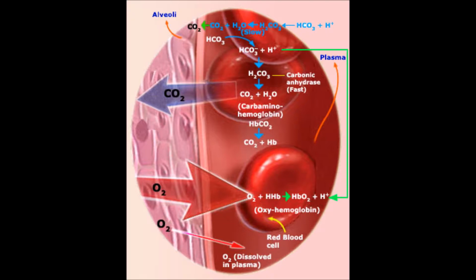So what will happen is, over time in the plasma, the carbon dioxide basically gets hydrated. We attach water to it. So that occurs within the plasma, but very, very slowly. That's why most of it, in that case, carbon dioxide just dissolves in there.